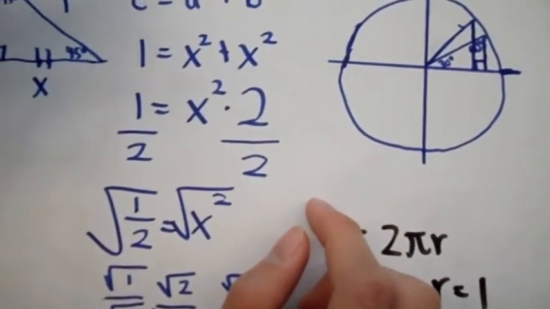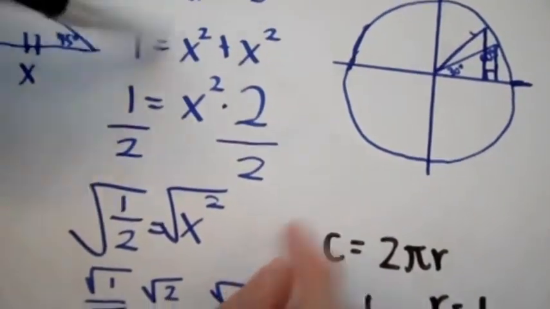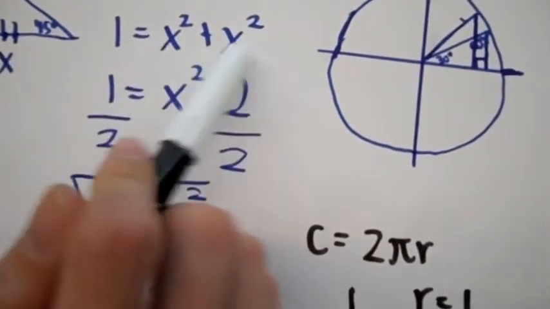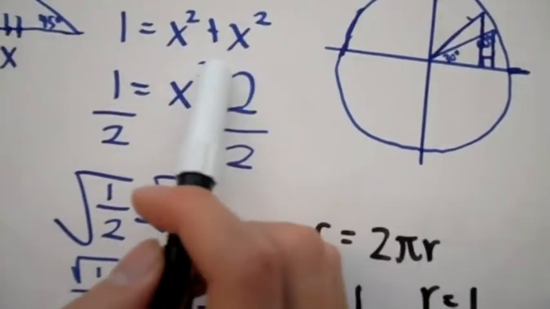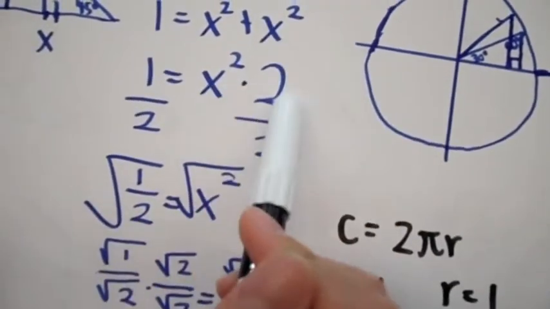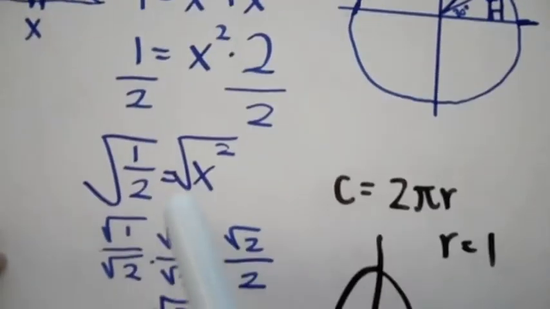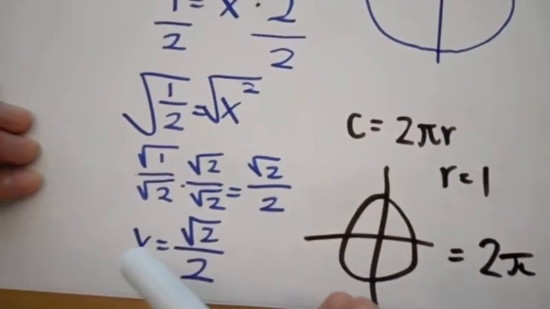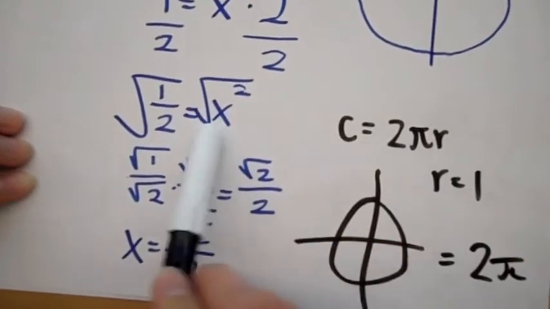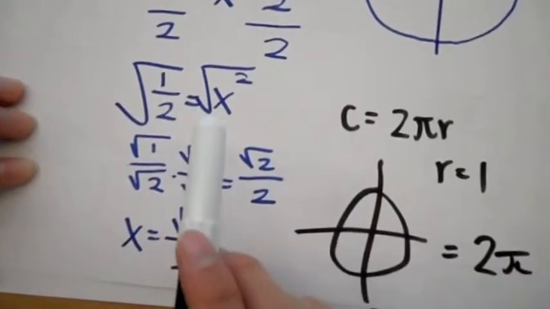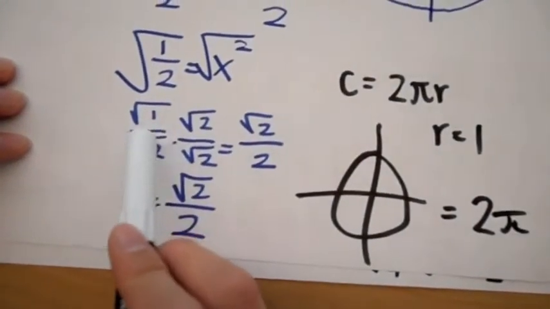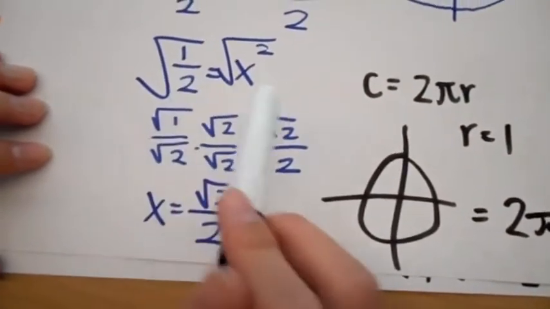So for the hypotenuse, you put in 1 equals x squared plus x squared, and x squared plus x squared equals 2x squared. Then you divide both sides by 2, then you get 1/2 equals x squared. Now you square root both sides, and you get square root 1/2 equals x.